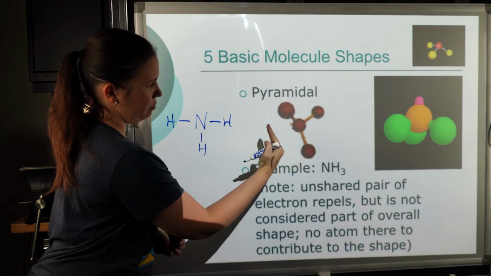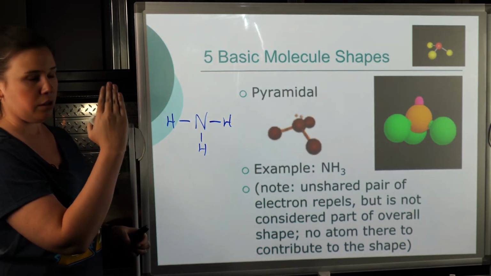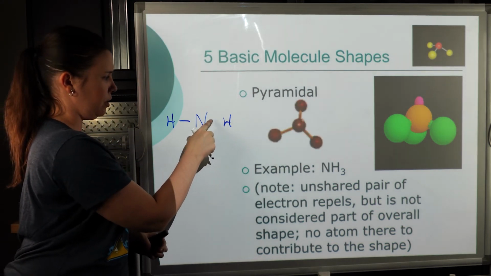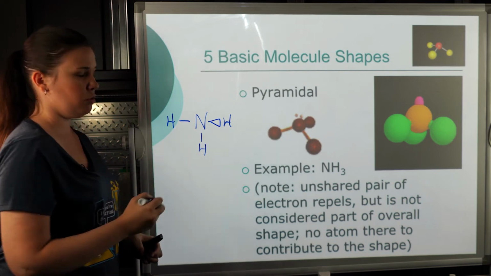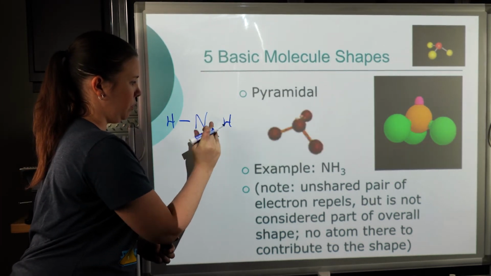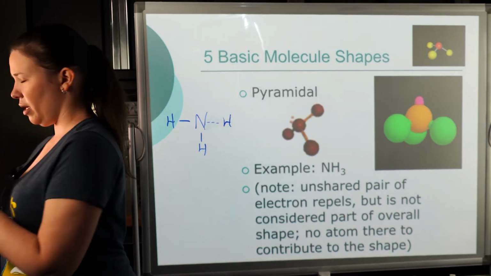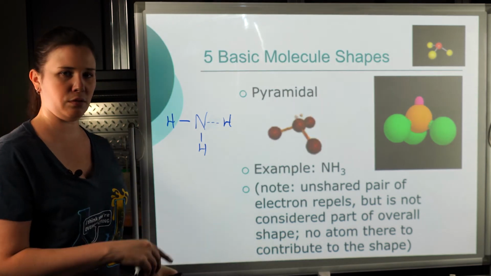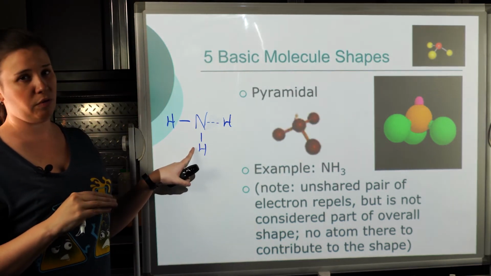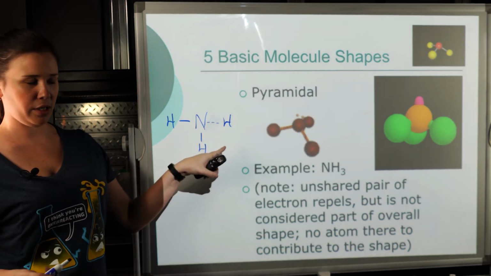Picture this, I know it's kind of moving, but you can pick a plane of 3 of them to get them in there in one plane, but then one of them would either be going towards you or away from you at any given time. So you could use a wedge or you could use a dash. It really doesn't matter because the molecule could be facing you or it could be facing this way. Same molecule, right? So it could be going away from you or towards you, but not all 3 of them can go in the plane. So if you have pyramidal, at least 1 bond has to be a wedge or a dash.